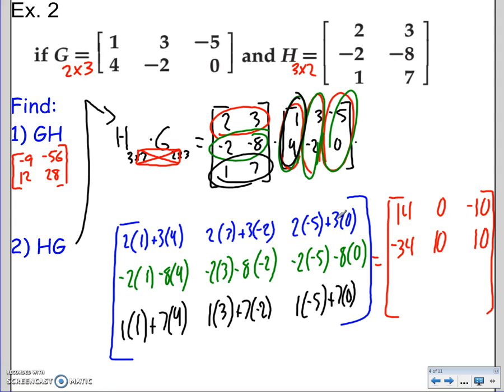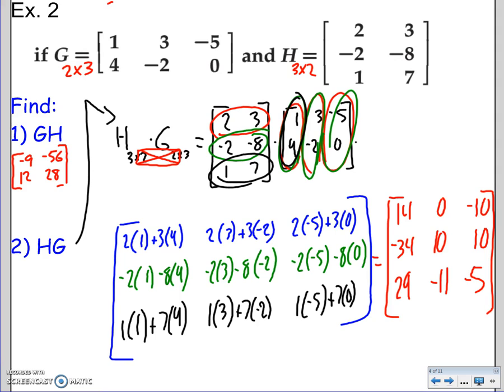1 plus 28 is 29. 3 minus 14 is negative 11. Negative 5 plus 0 is negative 5. That's my answer. So notice G times H was a 2 by 2. H times G is a 3 by 3.